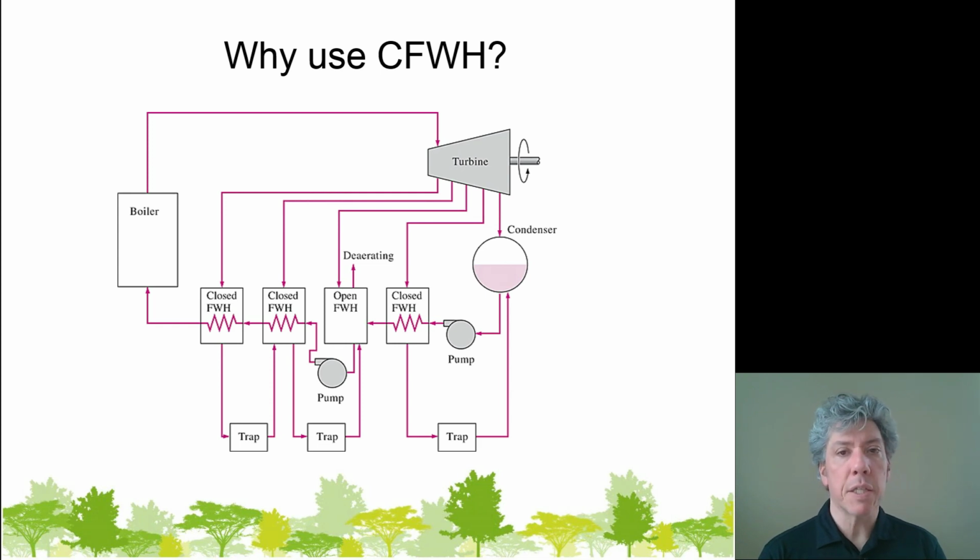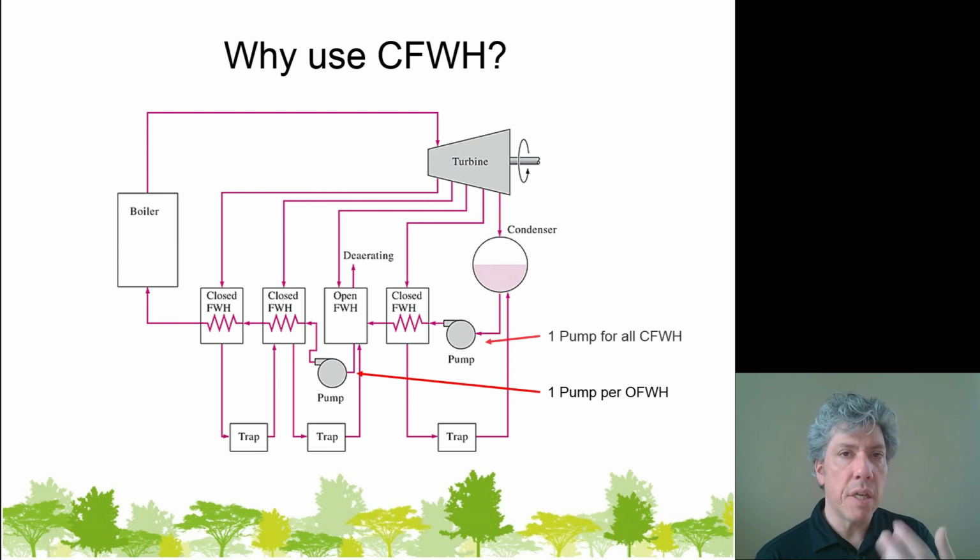Pumps are relatively expensive and harder to maintain, but closed feedwater heaters, which are essentially just heat exchangers, are relatively simple to maintain and relatively inexpensive compared to the pumps. So if we could get away with 2 pumps and have multiple closed feedwater heaters, we could continuously increase the overall efficiency by cutting off more and more of that low temperature section where we were originally adding heat in the boiler.